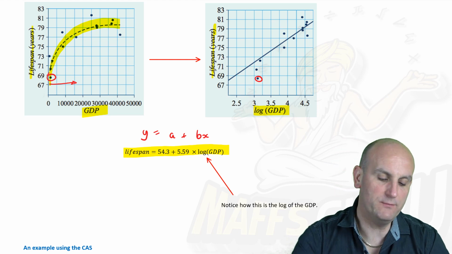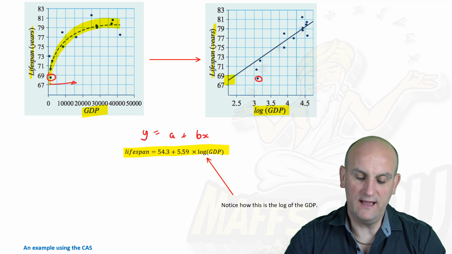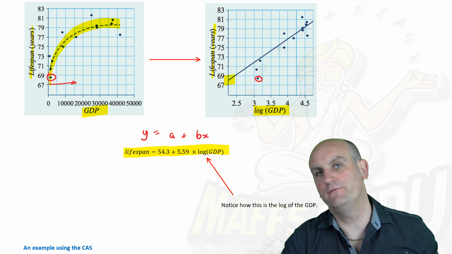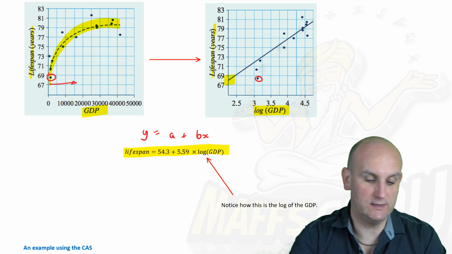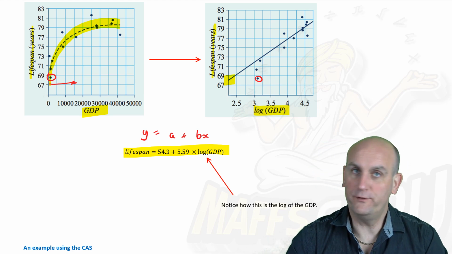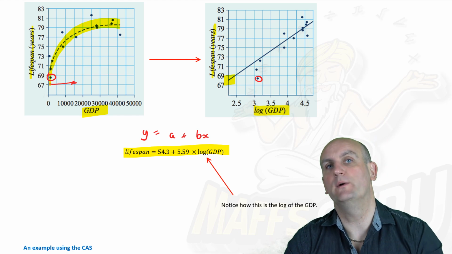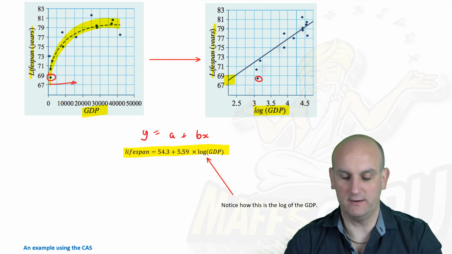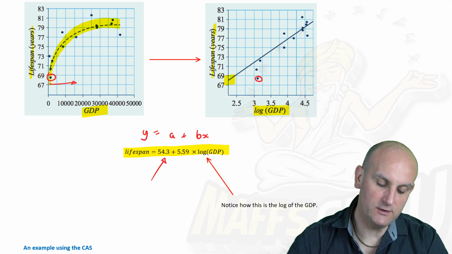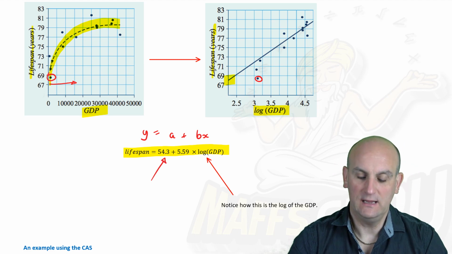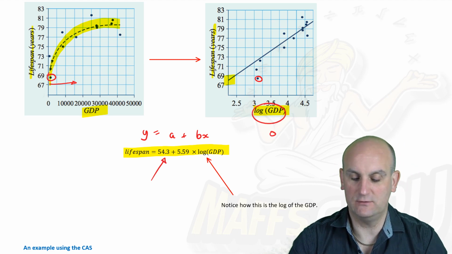Now, a lot of people go, well, hold on a moment, that value isn't 53.4. No, it isn't, and don't get tricked on this either. What do graphs always or usually always start with? 0. Congratulations. So our value here of our intercept is when log GDP is equal to 0.